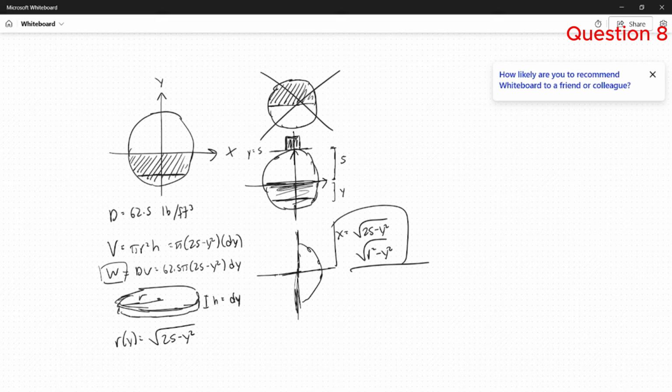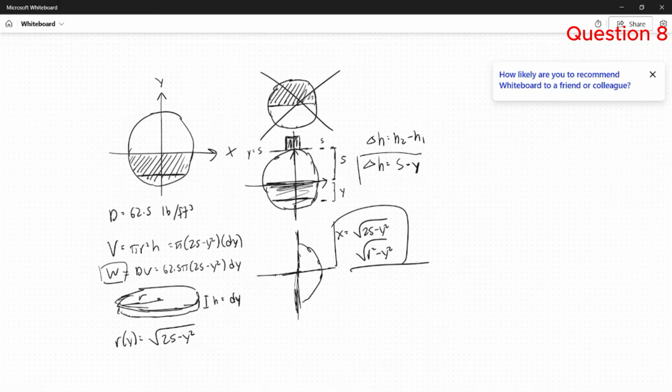So its starting point would be all the way down here, and its top point would be at 5. We know that difference in height is equal to h2 minus h1, which means that our difference in height would be 5 minus the y value of our small cylinder of water.